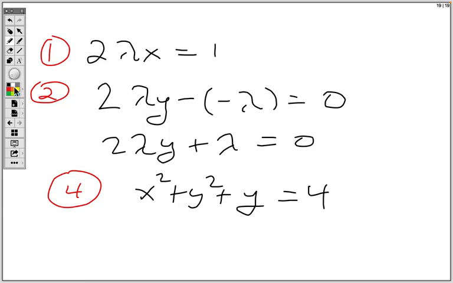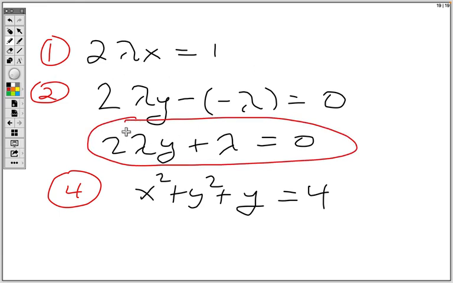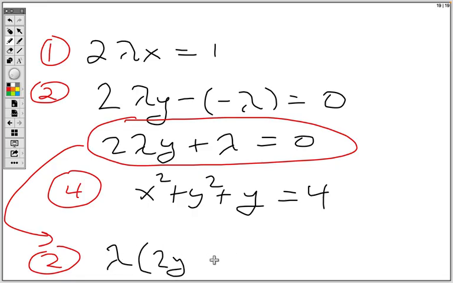And then I can just say, okay, well, I pick one of these. Like I could pick this one here. Look at that equation 2. And I could factor out a lambda because I got stuff all set. And then I can look at 2 cases. So this is going to give me 2 cases.